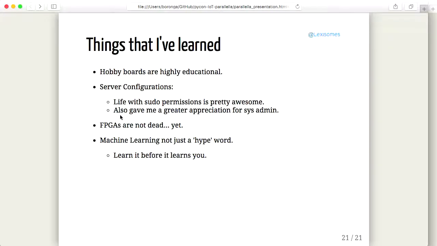So the things that I've learned in this project: hobby boards are highly educational. Even if I haven't managed to get this project off the ground, I've learned so much about, first of all, setting up servers and permissions. Root permissions are amazing, especially when you didn't have root permissions to begin with, which I do at work.